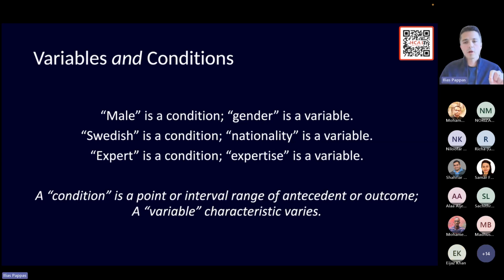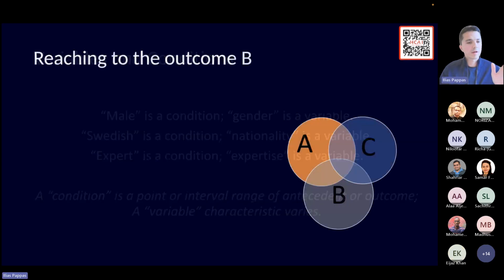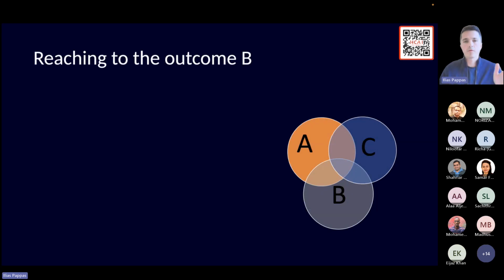And if you try to visualize this with a Venn diagram, this is the easiest way of visualizing the combinations between the different variables and the conditions. So how do we reach outcome B here?